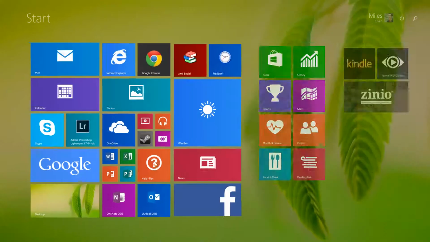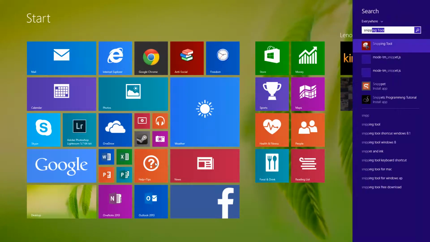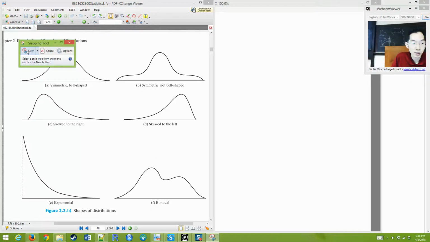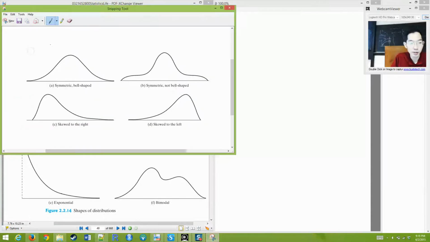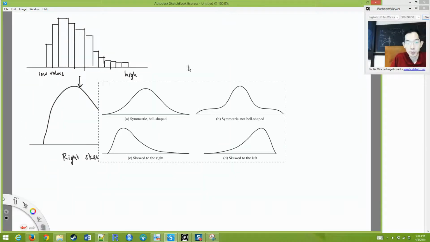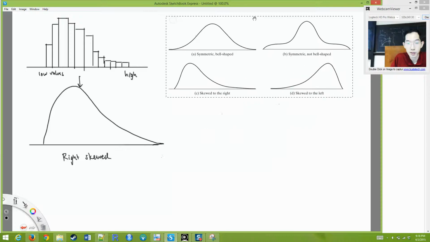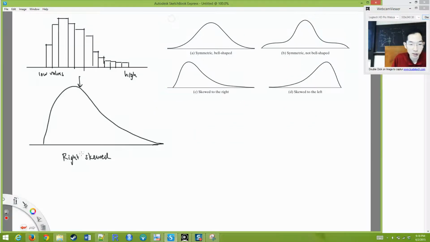Maybe I can, where's my snipping tool? I can include this diagram. Okay, so we'll copy that, throw this in here, and I'll just annotate this. Okay, so this could be income distribution, income in a capitalist society, I should say.